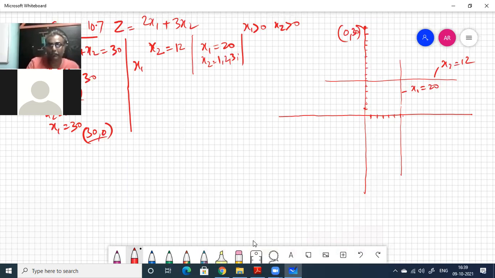This line is joining these two points, 0 comma 30 and 30 comma 0.